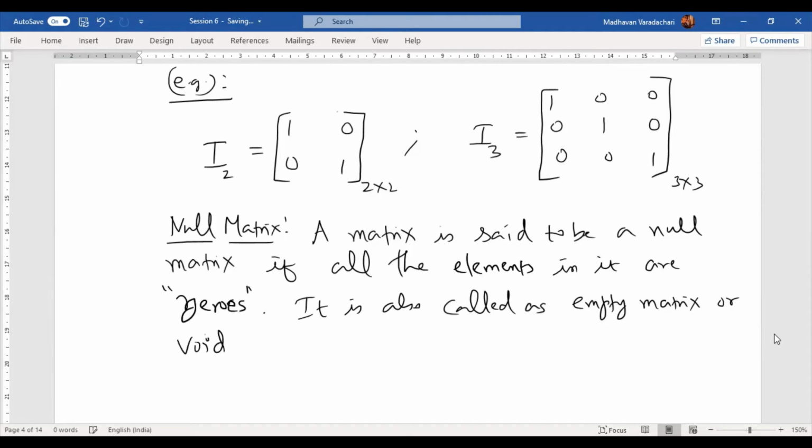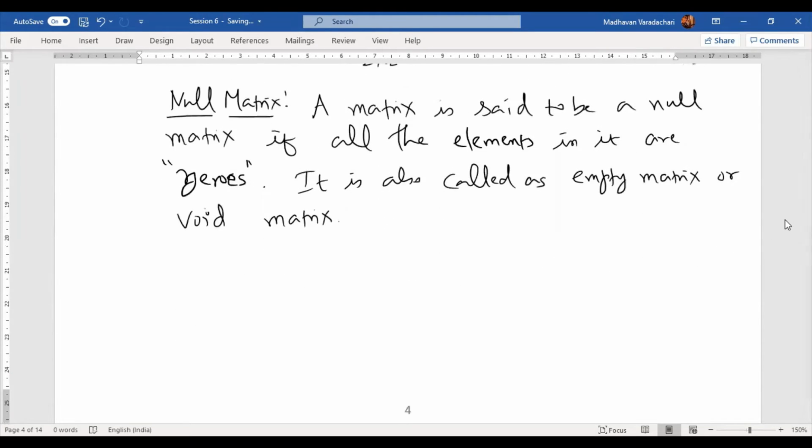Generally, it is denoted by the symbol O. So suppose I want to write O 3 by 4, it has 3 rows and 4 columns with all the elements as zeros.